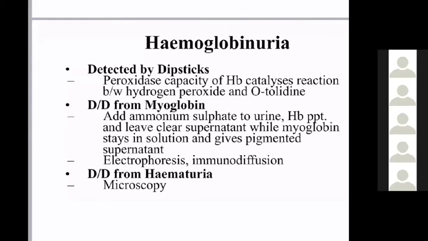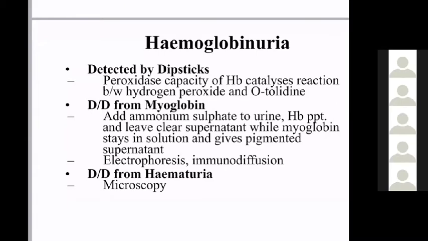First we detect by the dipstick test, based on the peroxidase activity of hemoglobin, which catalyzes the reaction between hydrogen peroxide and orthotoluidine. In this test, add ammonium sulfate to urine: hemoglobin precipitates and leaves a clear supernatant, while myoglobin stays in solution and gives a pigmented supernatant. So these are the methods by which we differentiate. We can also differentiate by electrophoresis and immunodiffusion methods.